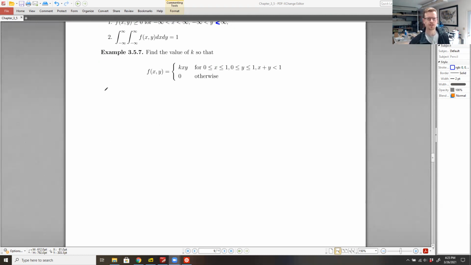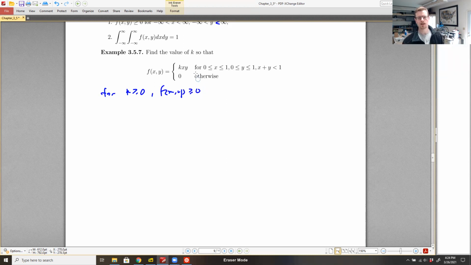Of course, we can say for k greater than or equal to 0, f of x comma y is greater than or equal to 0, because my x values and my y values are positive when I'm looking at this case. So positive times positive times positive is positive, and then it's 0 otherwise. So excellent, because I'm right between 0 and 1, but also satisfying that the sum is less than 1. So yes, everything looks good for positive.